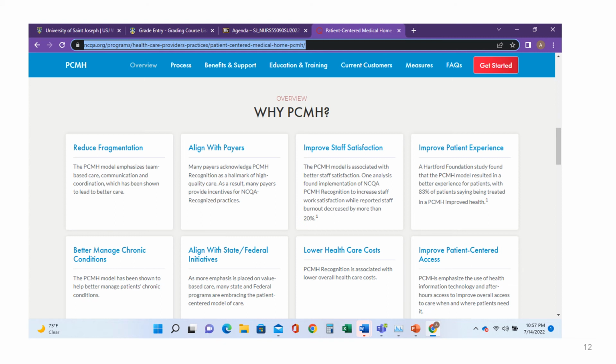So all of these are an opportunity to have oversight and resources and guidance about how to implement. That's why these quality improvement products are out there.